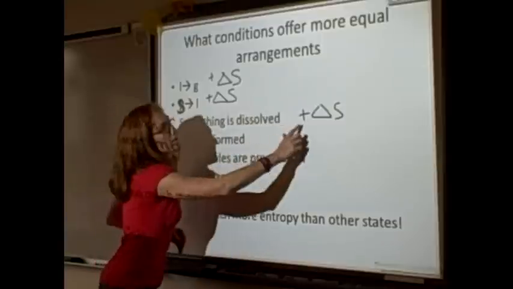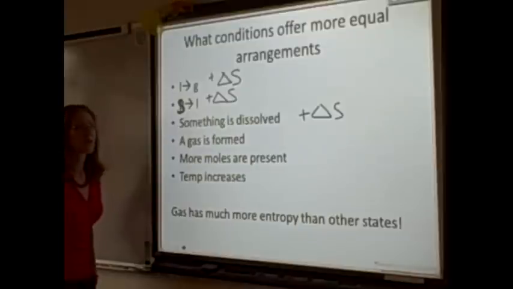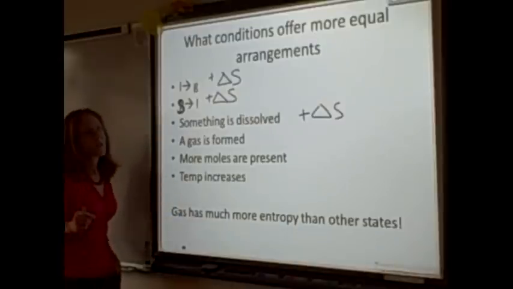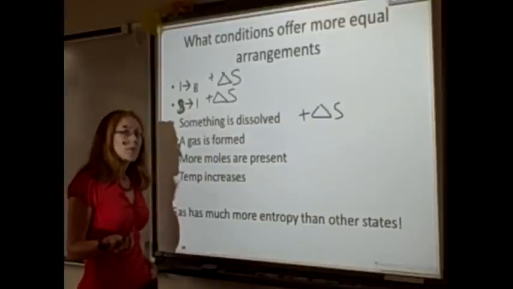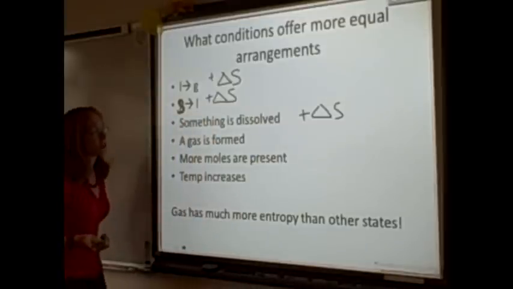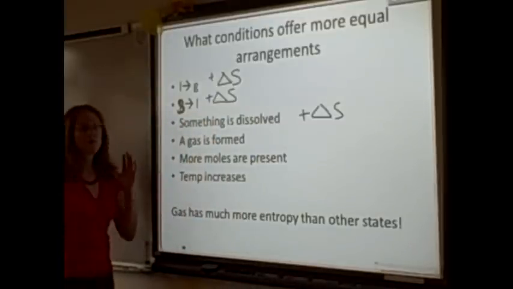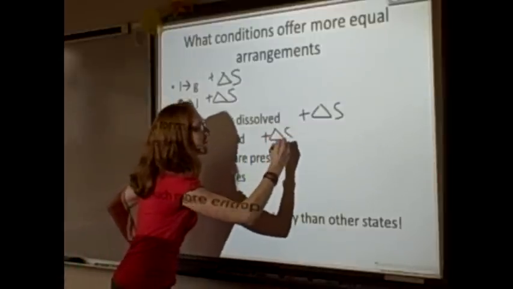When you have a positive entropy change, that's also considered a driving force for a reaction. It's likely to happen. You drop the sugar cube in your coffee, there's not going to be much of a change of enthalpy in that at all. But what's driving the reaction to occur is that you're spreading the matter out. So it's a positive change in entropy. If you form a gas in a reaction, you're creating all those different arrangements for the particles, so that's going to be a positive change in entropy.